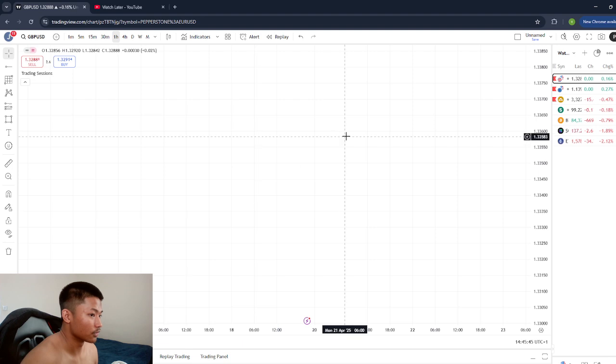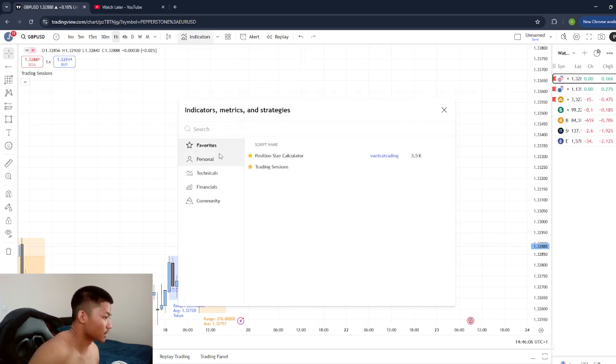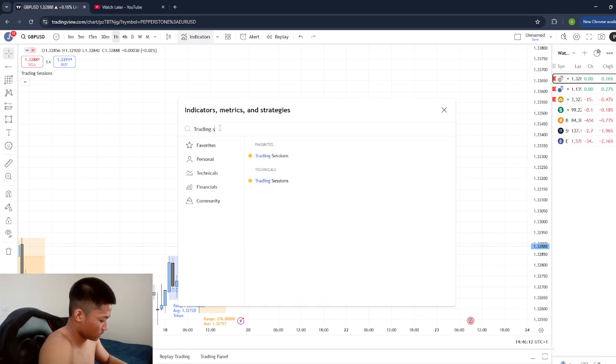And I want you guys to focus on daily bias. Okay? So go find your 10 examples of daily bias using equilibrium and liquidity sweeps, using the 4-hour time frame and the 1-hour time frame. And hey, if you want to go the extra mile, go use these indicators. The indicators are, I'd put in trading sessions.